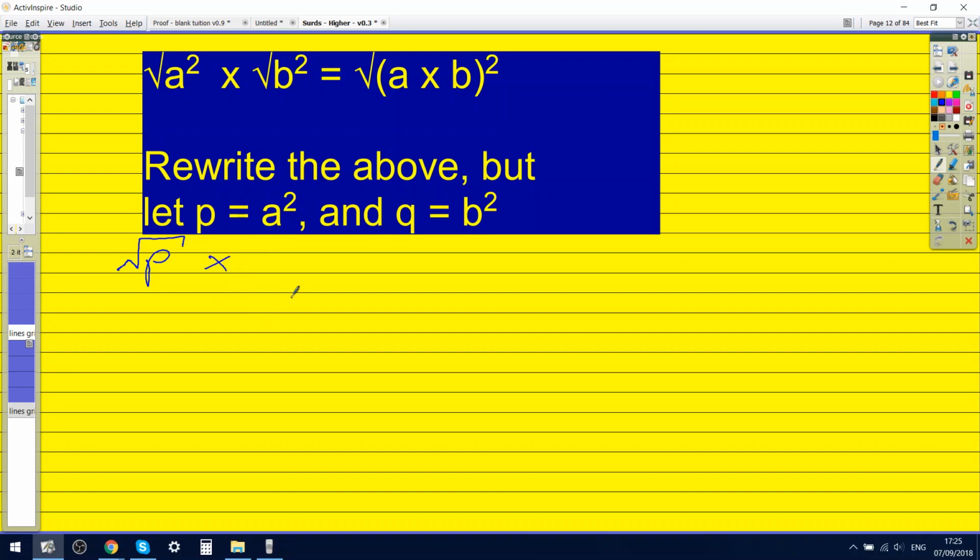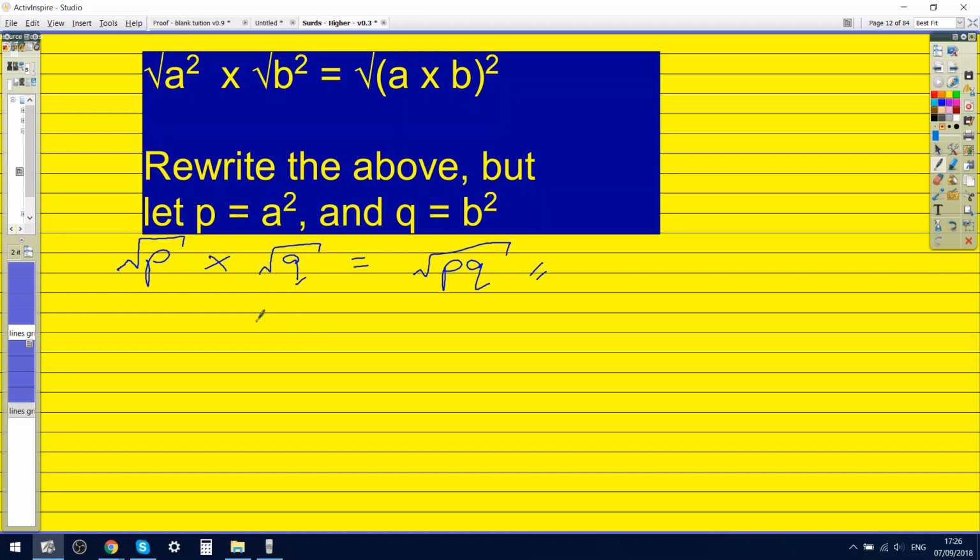So root P times root Q is equal to the square root of P times Q. Well, that's the same as A times B. So basically, square root of PQ.